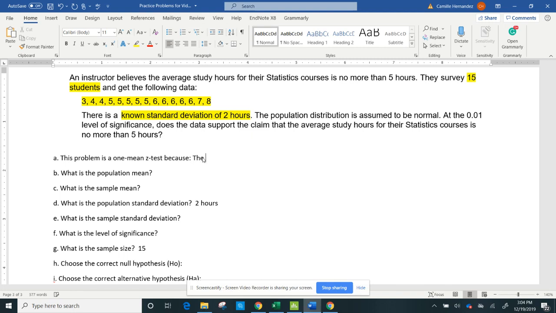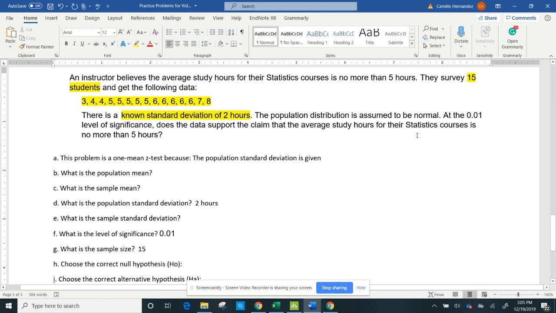So I'm going to answer this question with the population standard deviation is given. Yay. All right. So then I know I'm given a level of significance. So I'm just going to copy and paste that in here. And that was given to me. I don't have to convert it any. It was just given. And I'm just going to highlight it so I know that I've taken it into account.